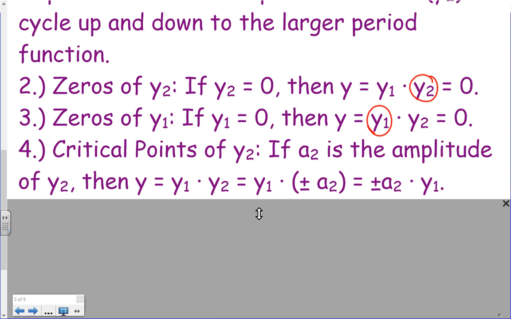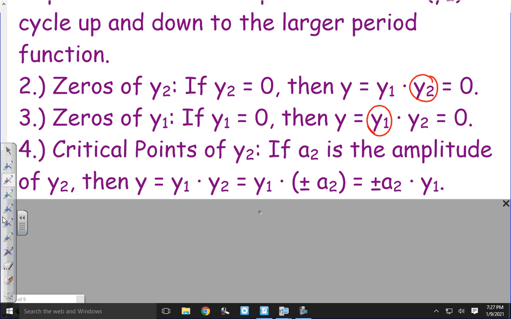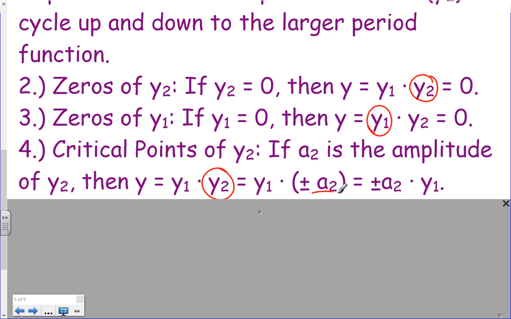Next step here is to look at the critical points of y2, just like we did before. Let's call a2 the amplitude of y2, of that smaller period function. In our case, it's 1, but it doesn't have to be 1. So that's why I'm calling it a2. Then when you look at y1 times y2, realize that y2 at its upper bound or lower bound is just equal to this amplitude, whatever the amplitude of that function is.